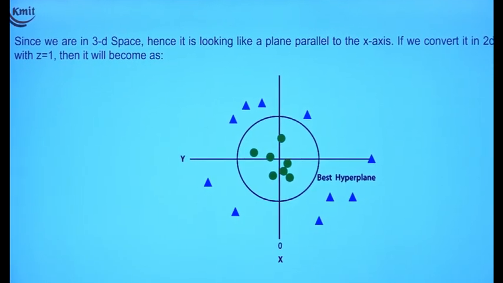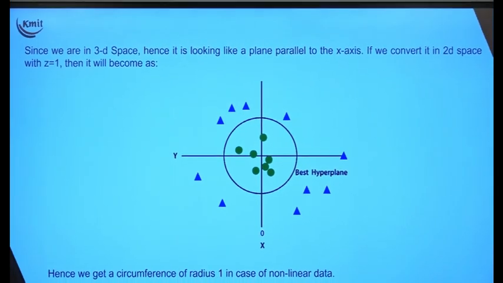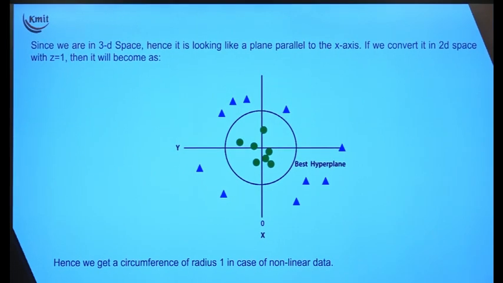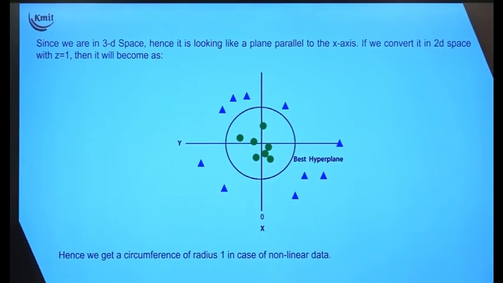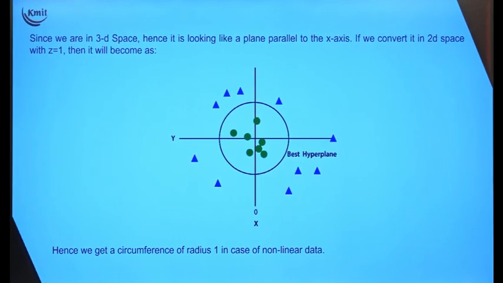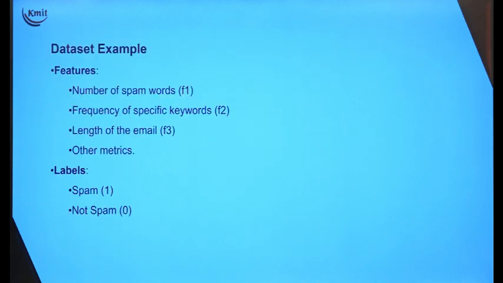Since we are in 3D space, it looks like a plane parallel to the x-axis. If we convert it into 2D space with z equal to 1, it will become a model like this. So you can also go for that particular method. We get a circumference of radius 1 in case of non-linear data.